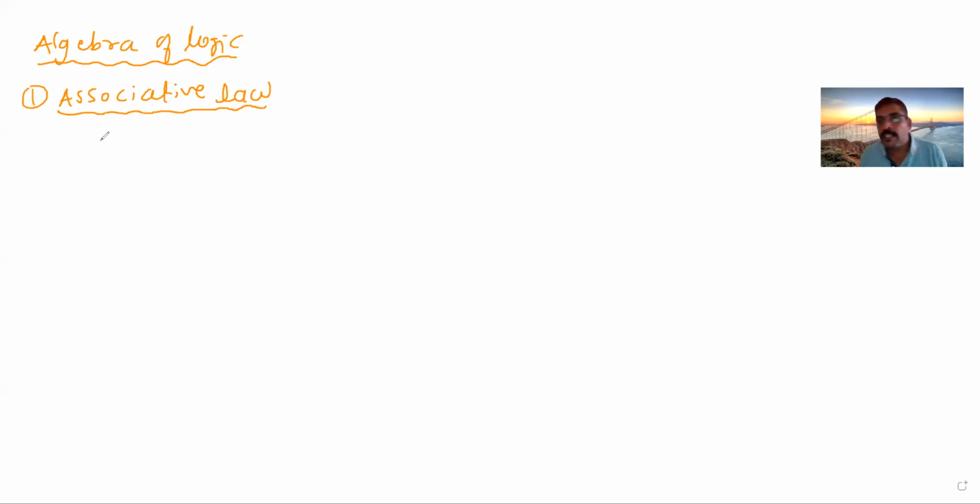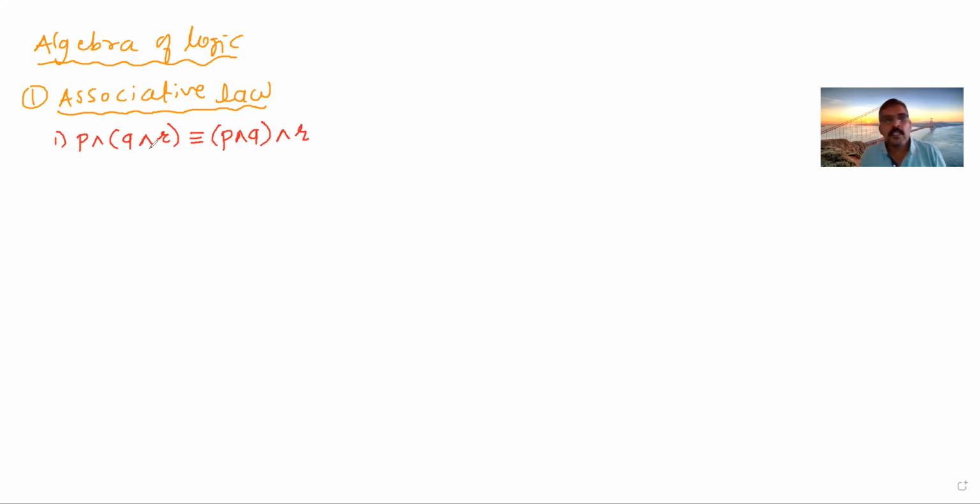Here, if we have three simple statements, P, Q, and R, the associative law we can define like this: P and (Q and R) is logically equivalent to (P and Q) and R. Here we have the AND symbol on both sides, but in the LHS the bracket is given to Q and R, while in the RHS the bracket is given to P and Q.